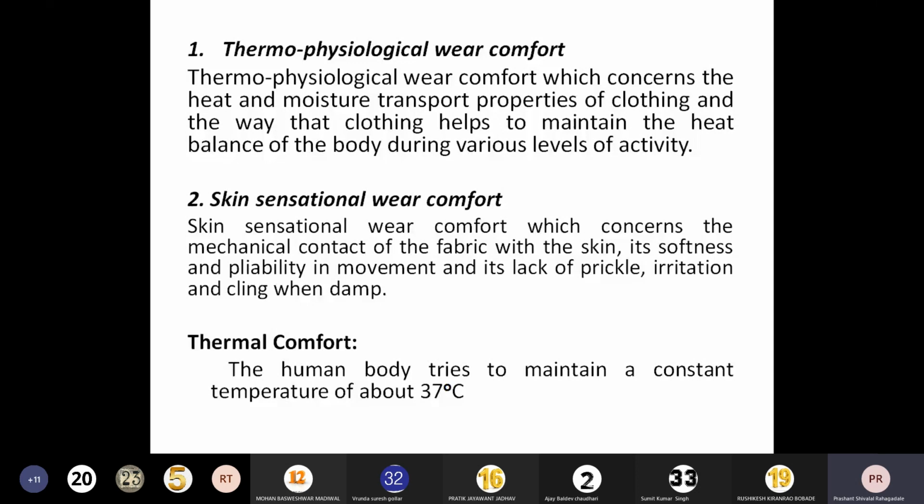So now our next main definition, that is thermal comfort. Now, what does it mean? Actually, what is meant by thermal comfort? As I told you, comfort means when we are feeling good. Okay, this is now clear to us. Now when will we feel good?